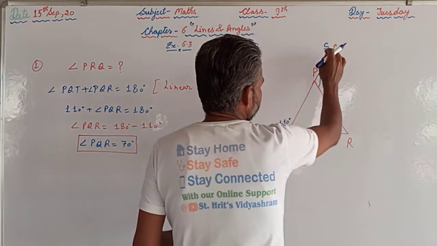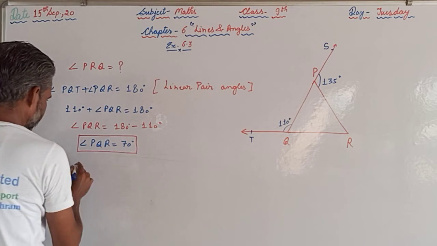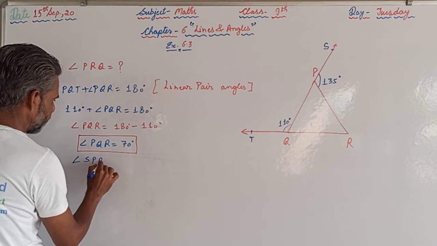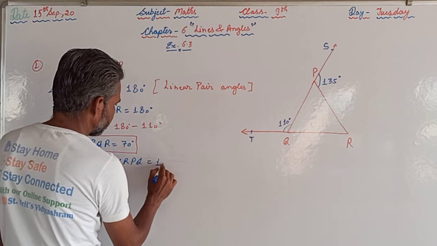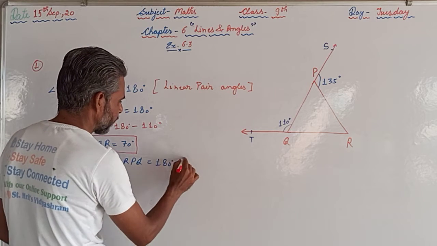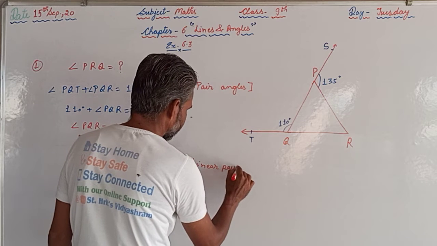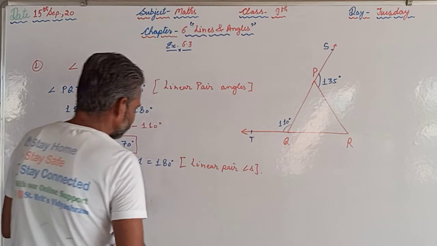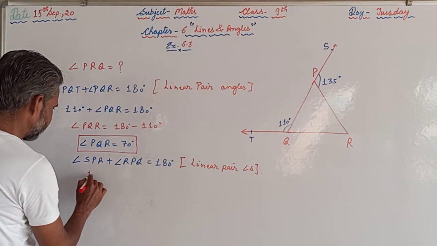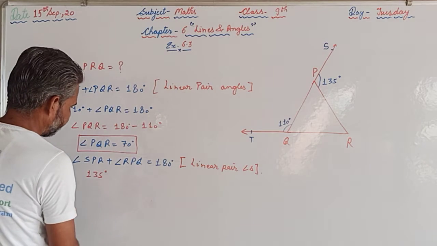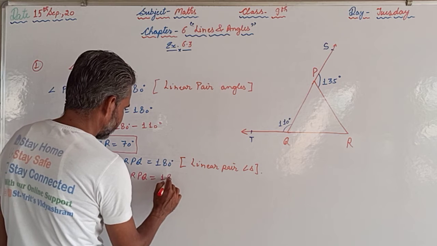Similarly, angle SPR plus angle RPQ is equal to 180 degree. Again we are supposed to mention why. Linear pair angles. SPR is given 135 degree plus angle RPQ is equal to 180 degree.